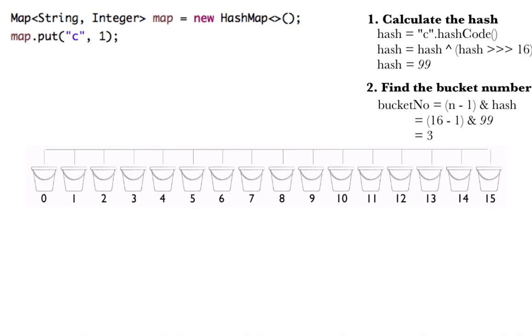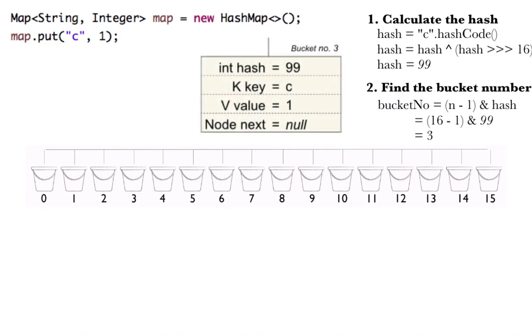Let's see our first example. For the string C, the hash value is 99 and bucket will be 16 minus 1 ampersand 99 equals to 3. Now that we have calculated the hash and bucket number, let's create a node using these details.